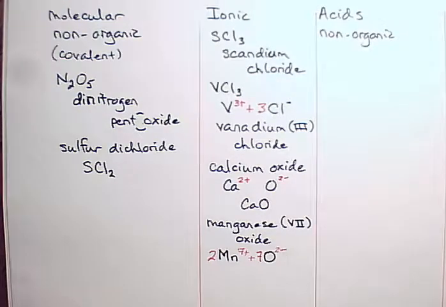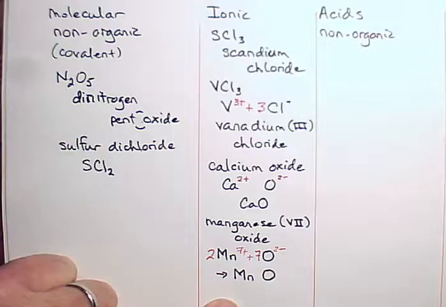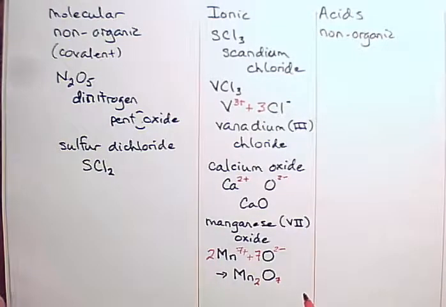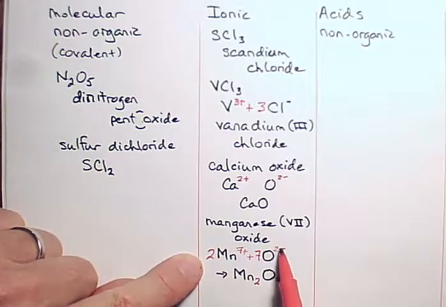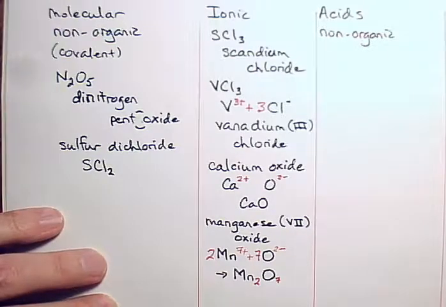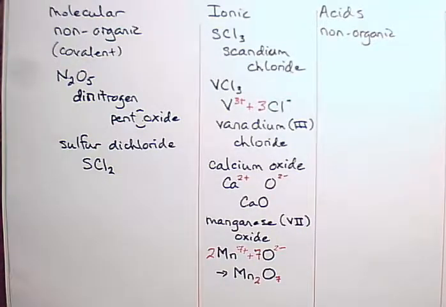So when we write the formula for this then, we need a subscript 2 behind the manganese and a subscript 7 behind the oxygen. 14 positive charges, 14 negative charges. It's a neutral compound. You just lost me at that 7. All right.